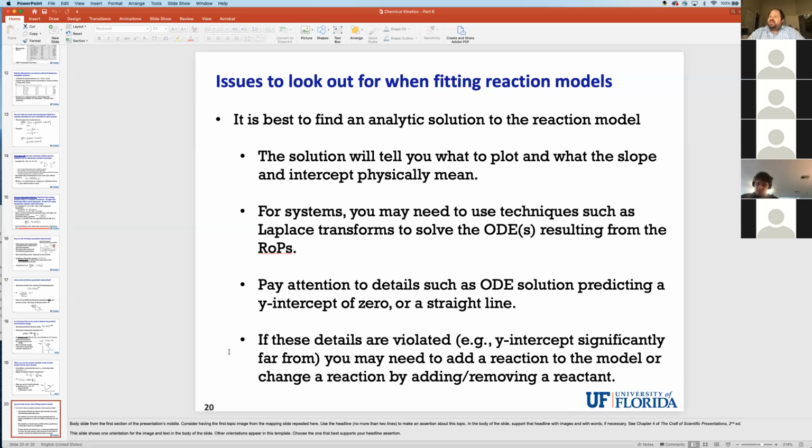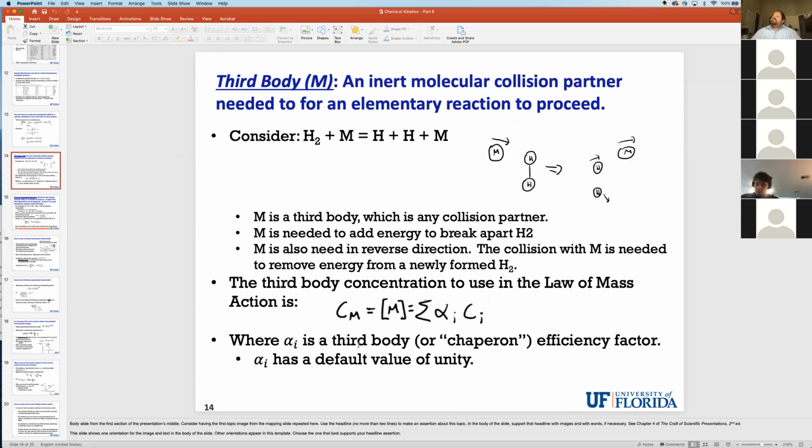So now, one thing that I need to discuss, because you see them quite often in reaction mechanisms, are third bodies in pressure-dependent reactions. A third body is an inert molecular collision partner that is needed for an elementary reaction to proceed.